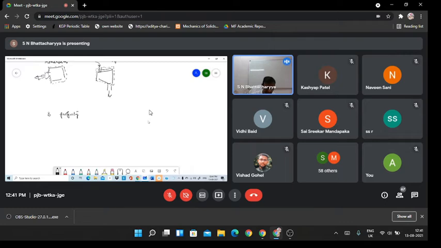Let us say B is a certain property and beta is the specific property, so this is B per unit mass. Now let us look at the conservation laws.